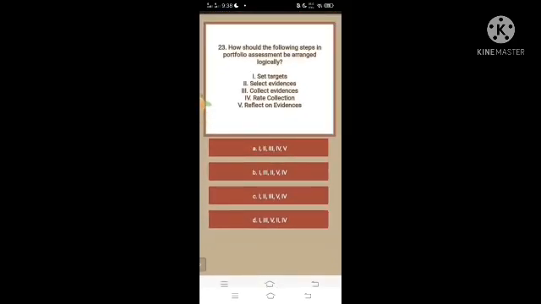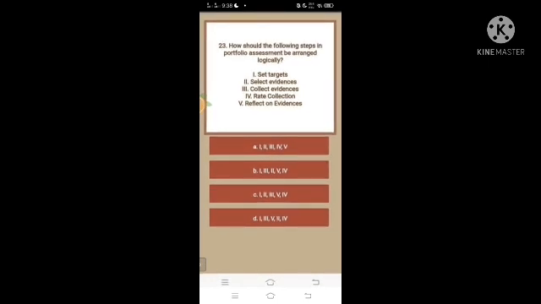I want to share my answer. I think that letter D is the correct answer since first we always have to set targets, set our goals, our objectives, and what we aim to achieve. Next is collect evidences because we need to collect evidences which contain all necessary information that fits the portfolio. Next, reflect on evidences because we need to evaluate or assess each evidence.